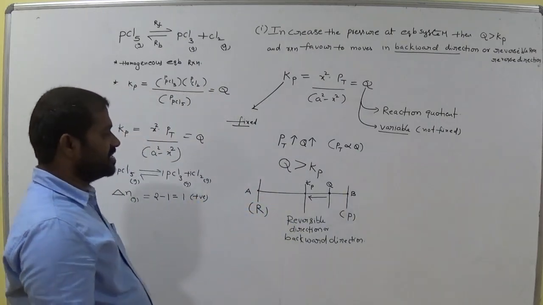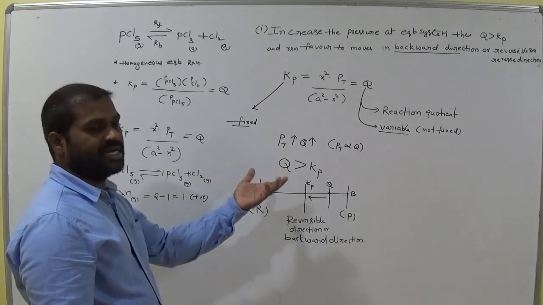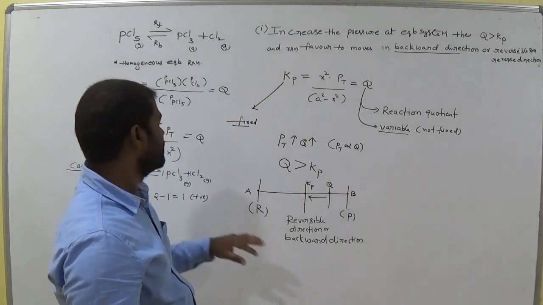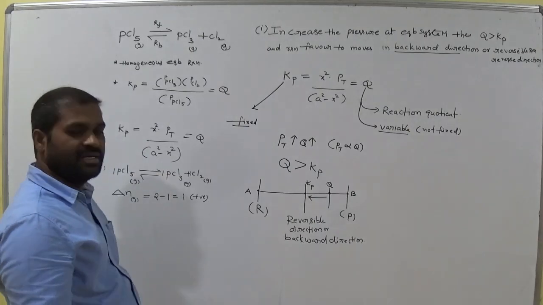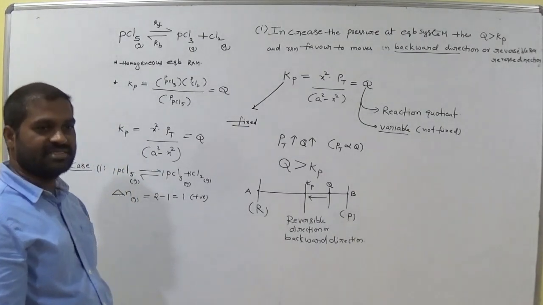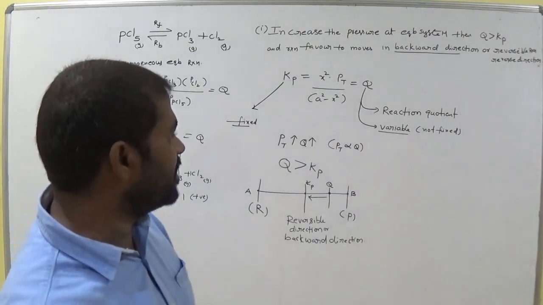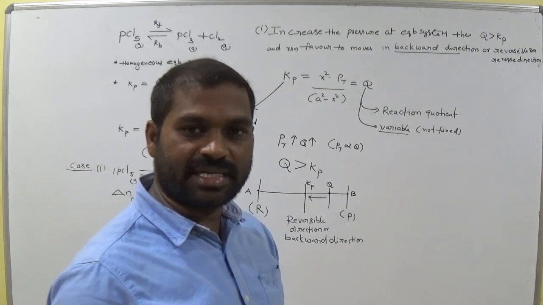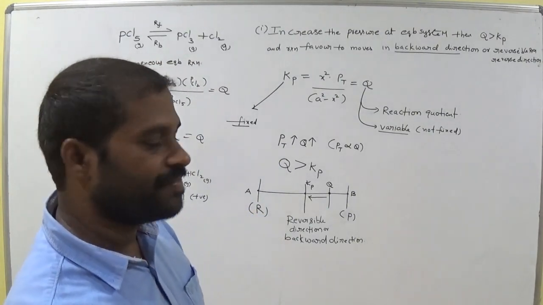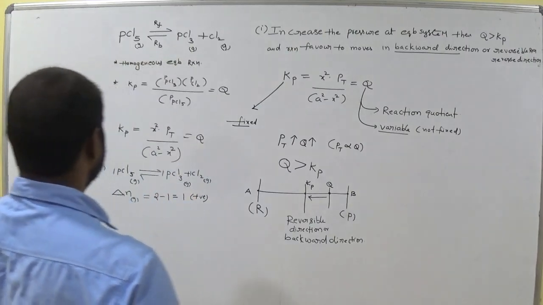Okay. Is it clear? If we increase the pressure at an equilibrium system, then what is the direction of reaction? It is clearly backward. And what about the relation between Q and Kp? Q is greater than Kp. Is it okay? Is it clear, all of you? Very good.